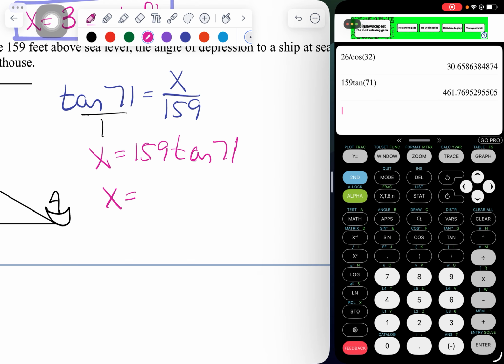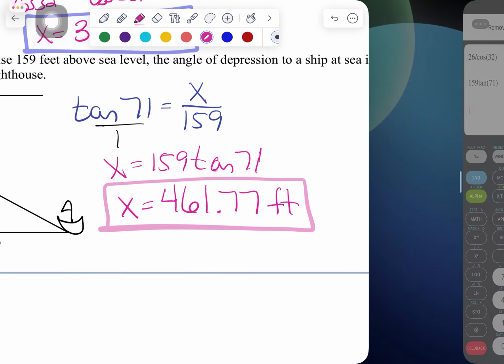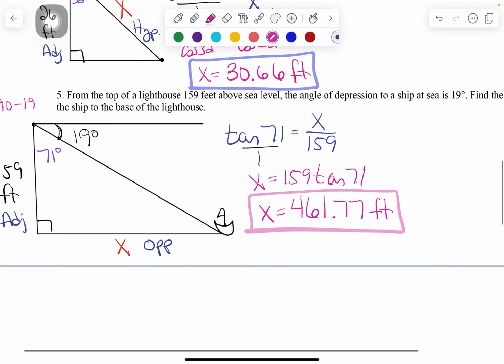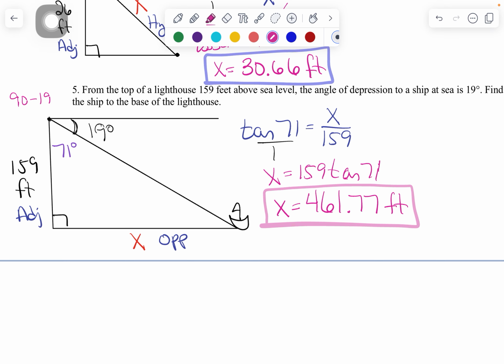All right, so how far is that boat from the base of the lighthouse? 461.77 feet. Rounded off as appropriate. Okay. All right. Go ahead and close that out. Yep. All right. So there's all little bits, parts, and pieces for number 5.